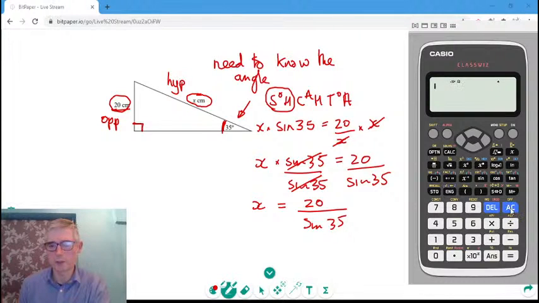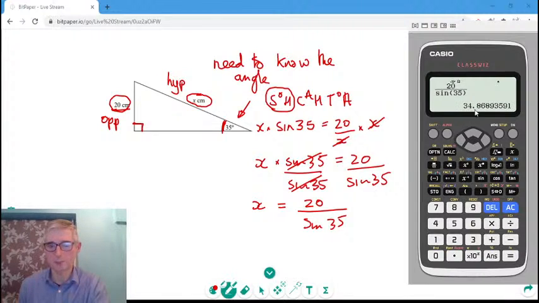That's again just a case of putting that into the calculator. I'm just going to clear that, and it's the fraction button, and it's 20, and then in the bottom of the fraction, I'm not using sine minus 1 now. That's an important thing to note. We're just putting in sine, so we're not pressing the shift button this time. So we press sine, 35, close the brackets, and pressing equals will give us the length.